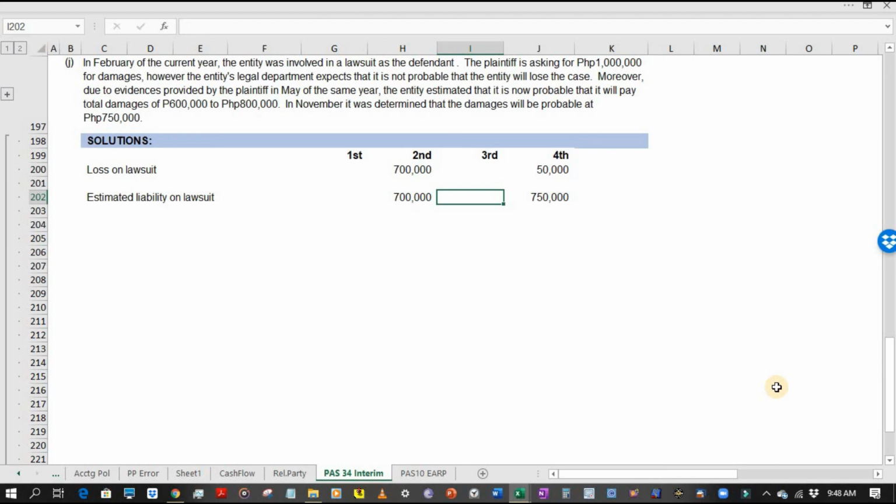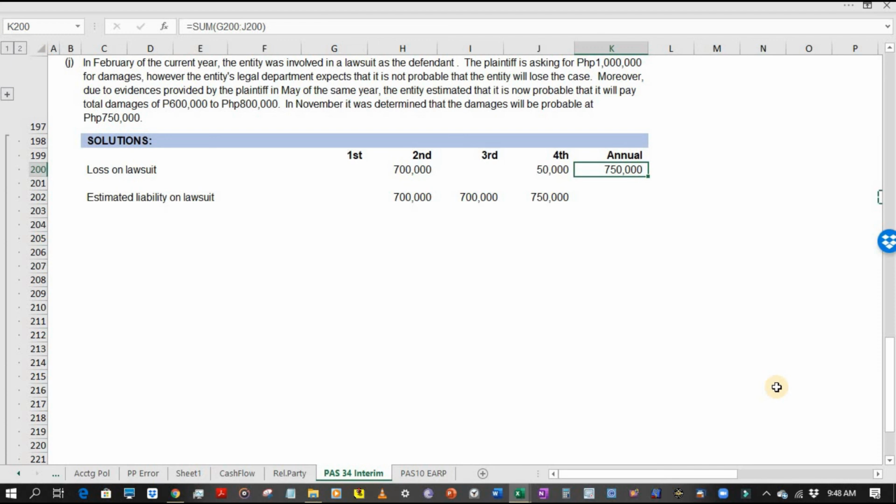However, there must be a liability on lawsuit that will appear in the statement of financial position as of the end of the third quarter, and that should be the amount before the change in estimate, which is 700,000 pesos. But for the annual financial statement, of course, the amount of loss on lawsuit that should appear in the annual income statement is 750,000 pesos, which is the best estimate made during the year.